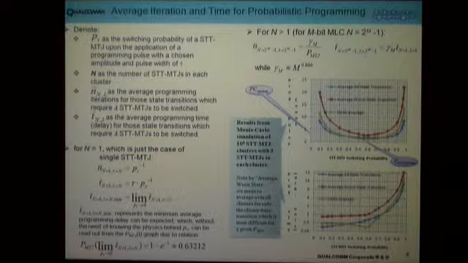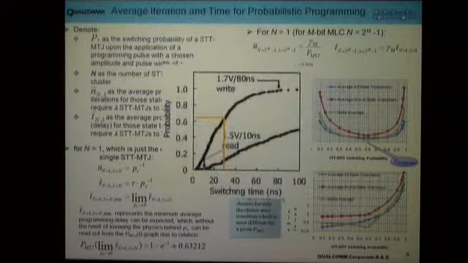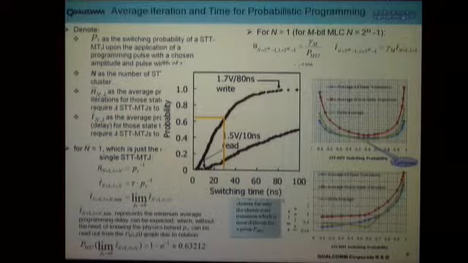We can read this out from the switching probability graph here. We can get this graph from the chip we fabricated. We can take a measurement of the switching probability with respect to the switching time, and we can read out this number at the point when the switching probability is 63.2%, and that's the time.